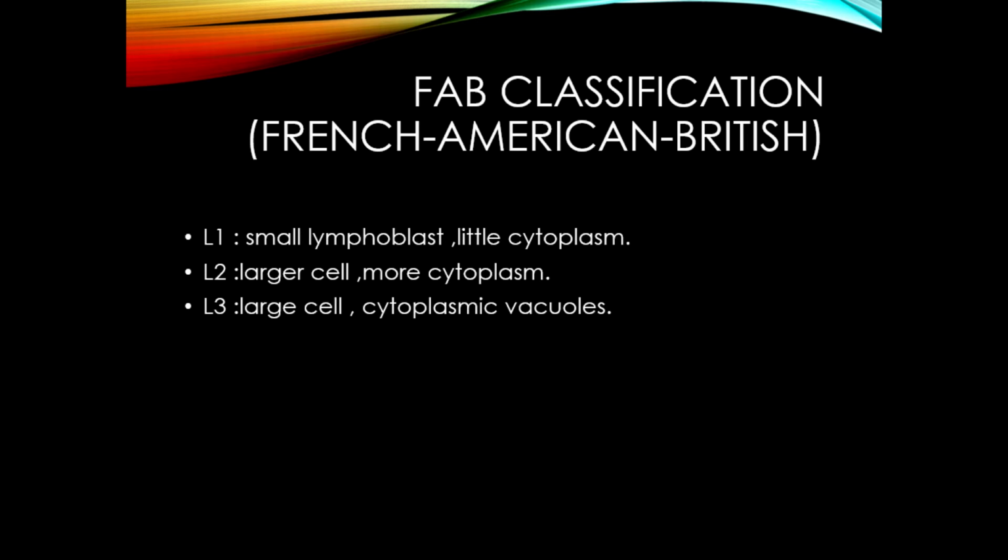In it, it is divided into L1, L2, and L3, depending more on the morphology and the maturation of the cell, where L1 is a small lymphoblast with little cytoplasm, L2 larger cells with more cytoplasm, and L3 large cells with cytoplasmic vacuoles, and in L3 the cells are more mature.